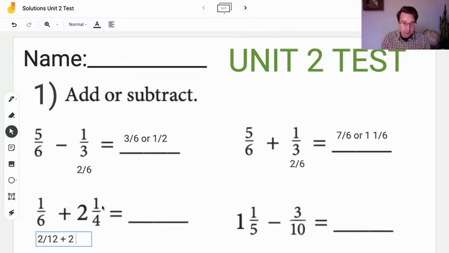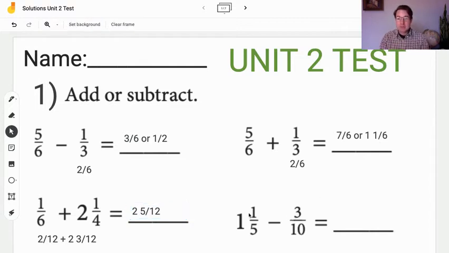So we're going to keep that 2. And 1/4 turning into 12ths. Well, 4 times 3 is 12, so 1 times 3 is 3/12. So now we have 2/12 plus 2 and 3/12. We're going to leave that 2 alone. 2 plus 3 is 5. So our answer here is going to be 2 and 5/12.